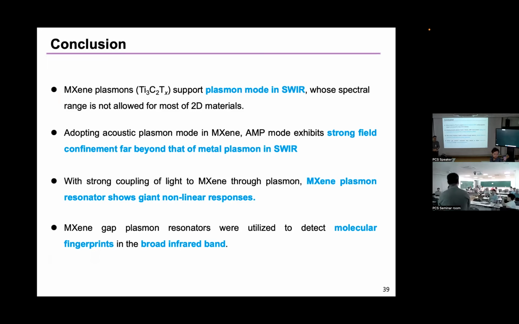Great talk. I have a couple of questions for my conceptual understanding. When you measure your MXenes, they are clearly not monolayers. They are few layers stacked. And there is a highly conducting, high carrier density region, which is the central metal atoms, right?